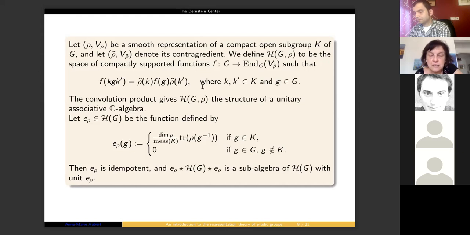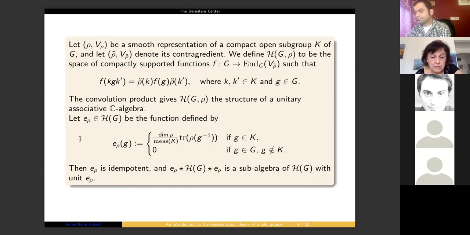So this is a generalization of the K spherical algebra in the case when you take rho just the trivial representation. Again, the convolution product equips this algebra with the structure of a unitary associative C algebra.